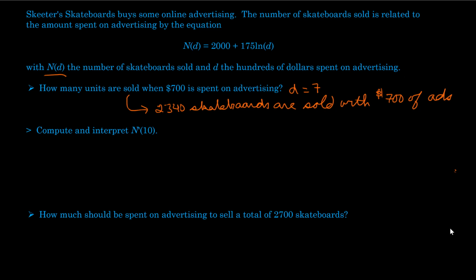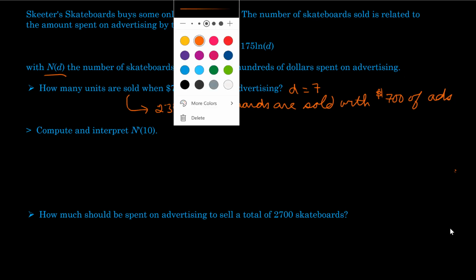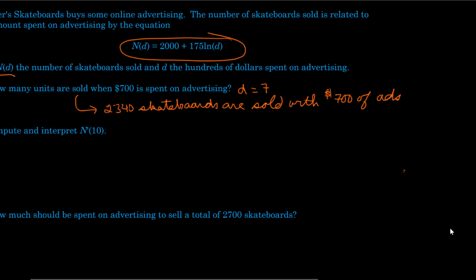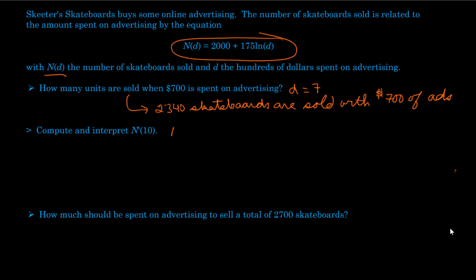Okay, second question asks us to compute n prime of 10. First, that says take the derivative of our function. The derivative of the 2000 is 0. So n prime of d is going to be 0 plus this 175.